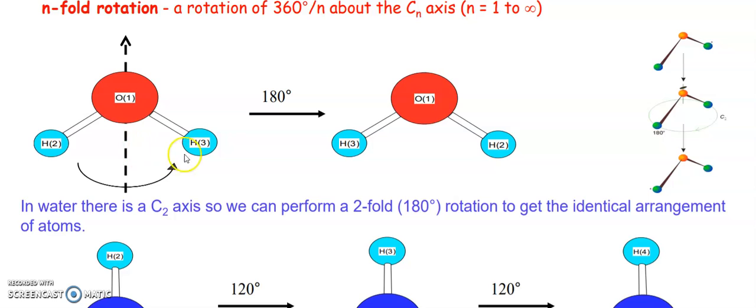So if you have the water molecule, you just represent oxygen 1, H2 and H3. After 180 degree rotation, H2 and H3 change places on this axis. So in water, there is a C2 axis, so we can perform a two-fold, meaning 180 degree rotation, to get the identical arrangement of atoms.